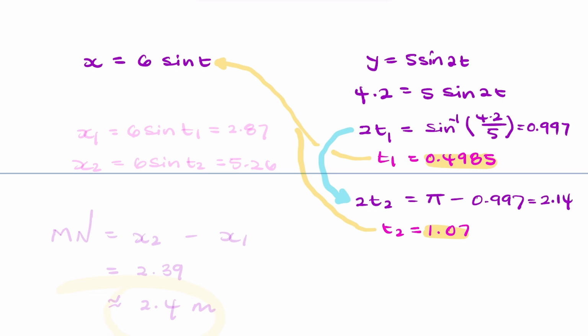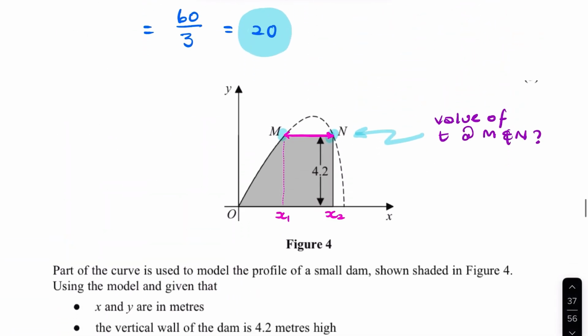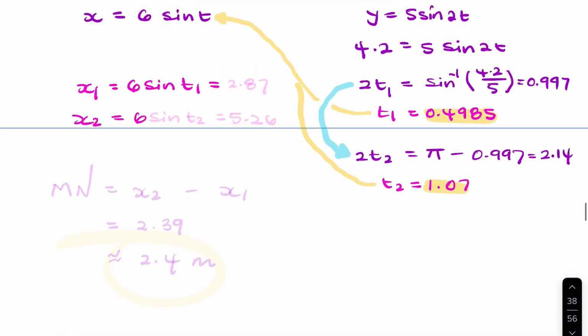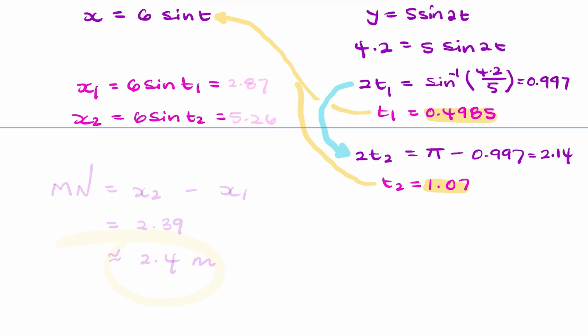So I can say x1 equals 6 sine t1, and x2 equals 6 sine t2.